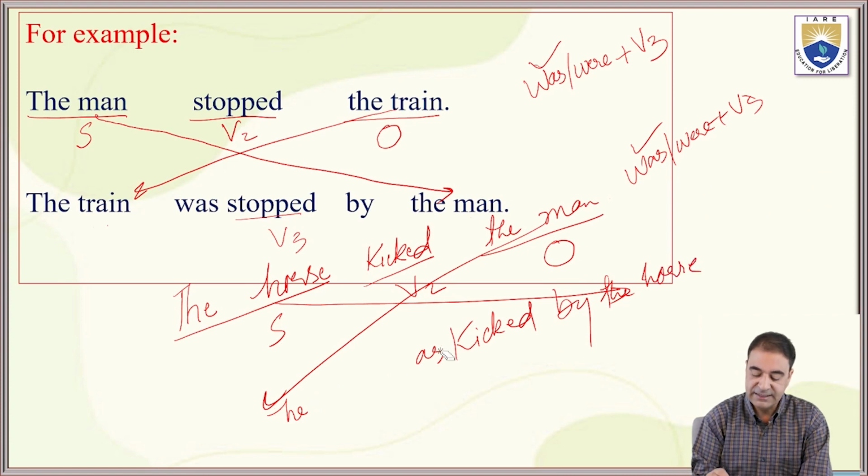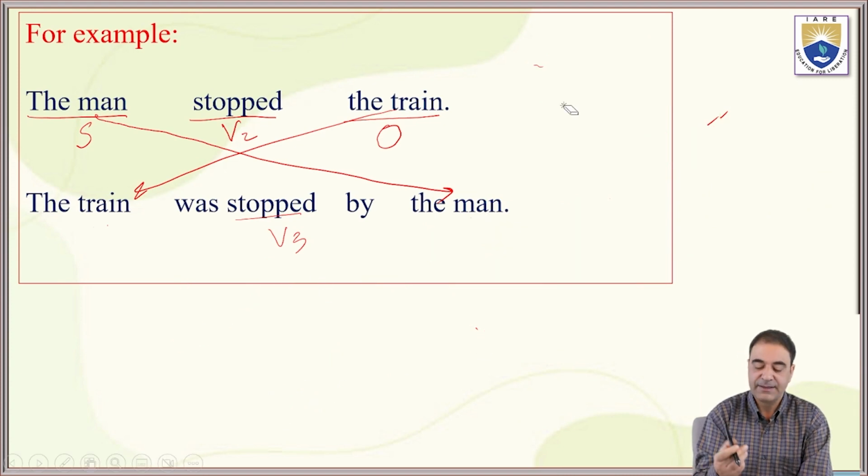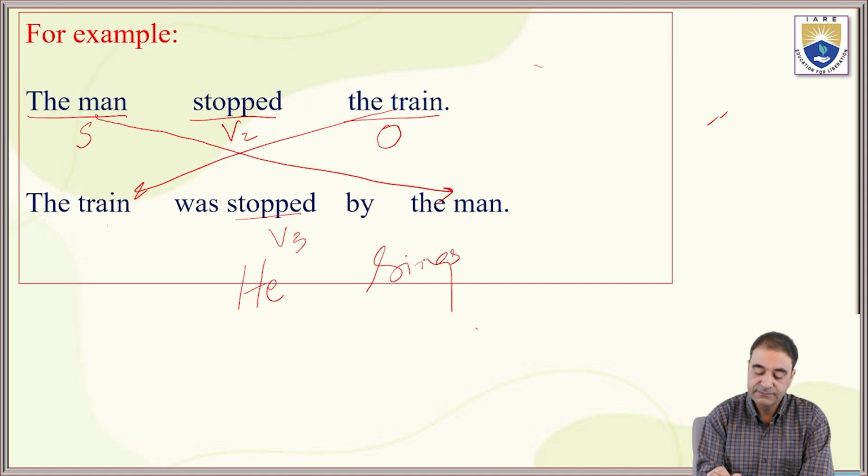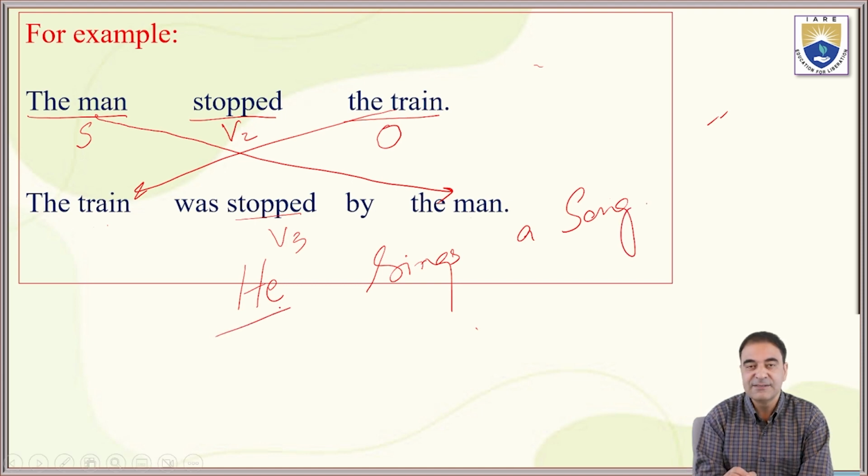We'll take another tense. For example, he sings a song. Here he is third person singular subject. And the subject can be a noun, a pronoun, or a noun phrase.